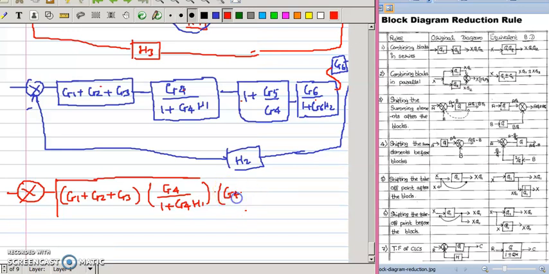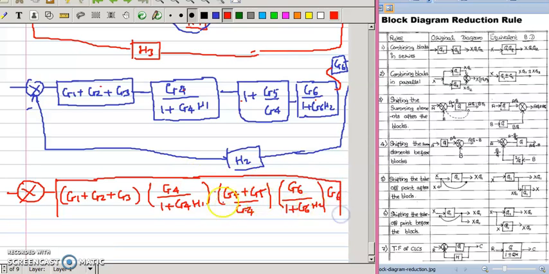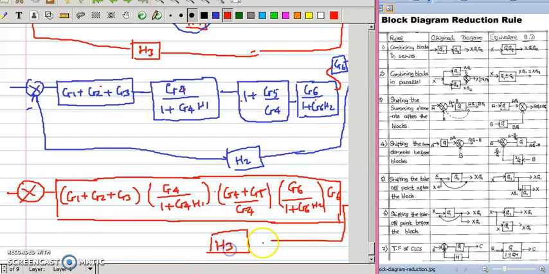So G4 plus G5 divided by G4, right? And next block is G6 divided by 1 plus G6H2, and last one is G6. So this is your block after making all in multiplication. Okay, and this is the feedback element, that is H3.